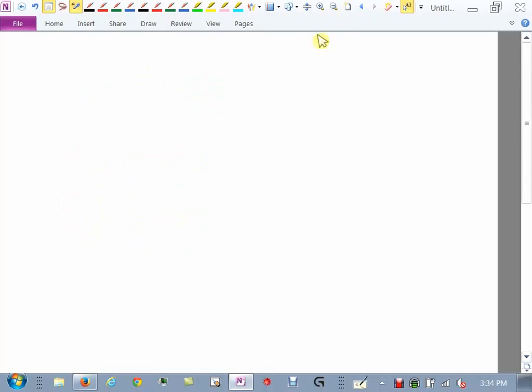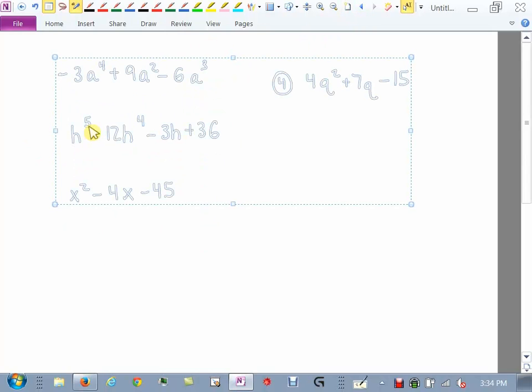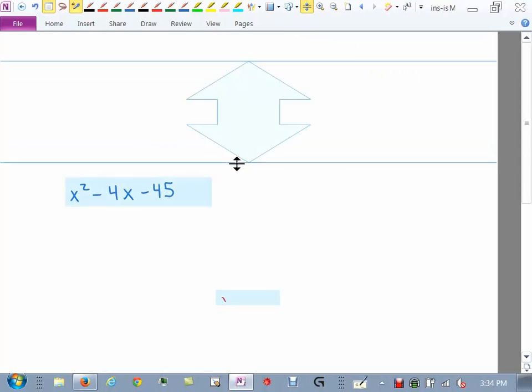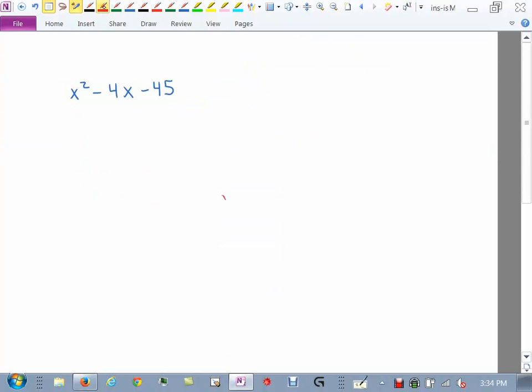Next one. Three terms, right? No GCF, right? 3 terms. What number goes up on top there?